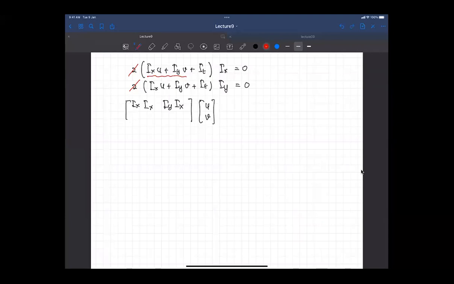Yes. Multiplied by this one, of course, multiplied by Ix and Iy, equals minus what? It Ix, and the other one is It Iy.